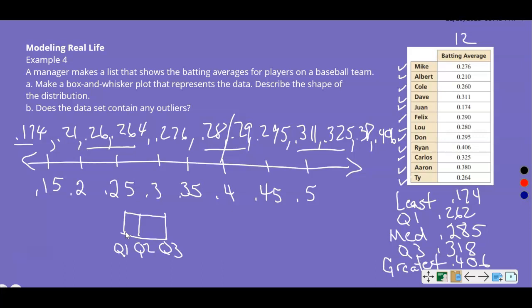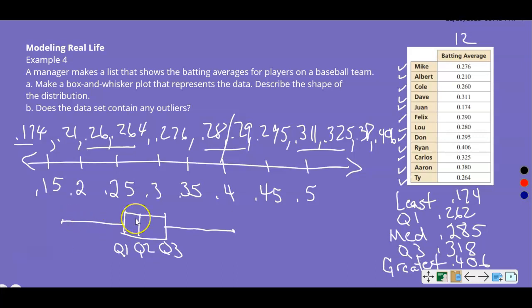All right, now I need to use the least and greatest value to find my whiskers. So this one's 0.40. It's going to be just above this mark here. And then my least value is 0.174, so 0.15, 0.16, 0.17 would be just on the inside of here.